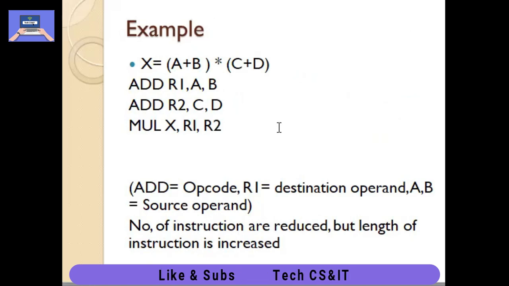In the first register, R1, we stored the value of a and b, added with the help of this add operation. In the second part, we again added c and d, and stored that value in the second register. And now we multiplied and stored the value in x from both of the registers.